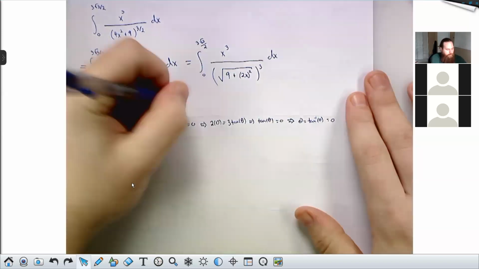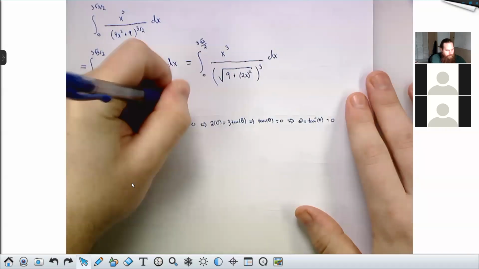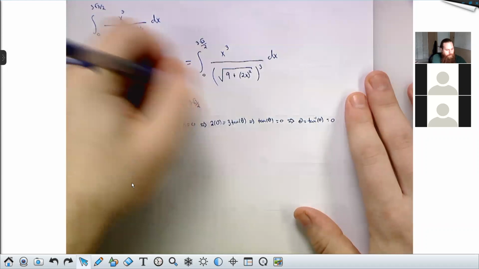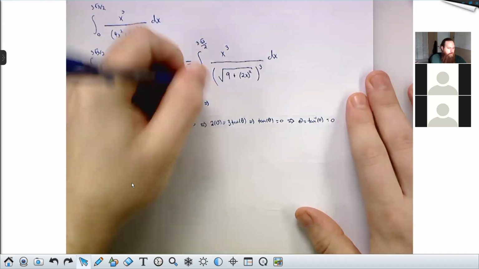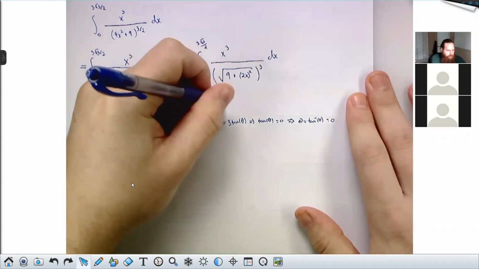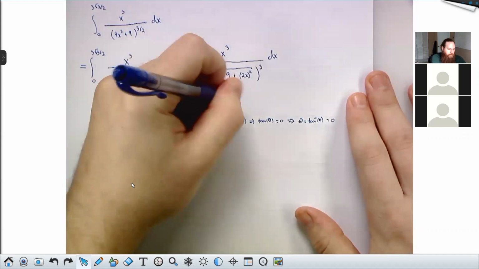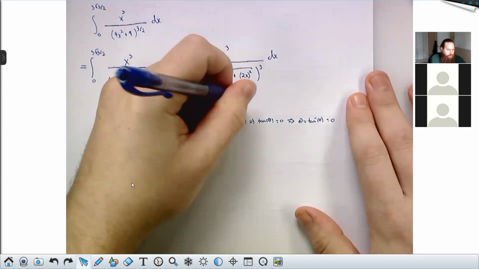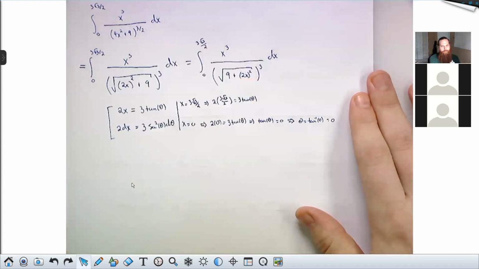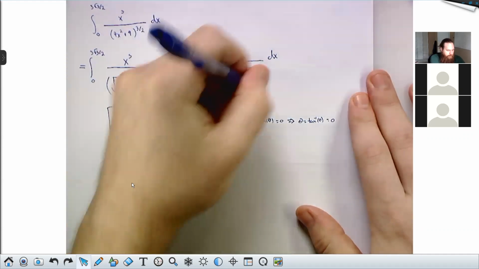And when x is equal to 3 times the square root of 3 over 2, you'll have 2 times 3 square root 3 over 2 equals 3 times the tangent of theta. The 2's cancel, you get 3 root 3 equals 3 tan theta.